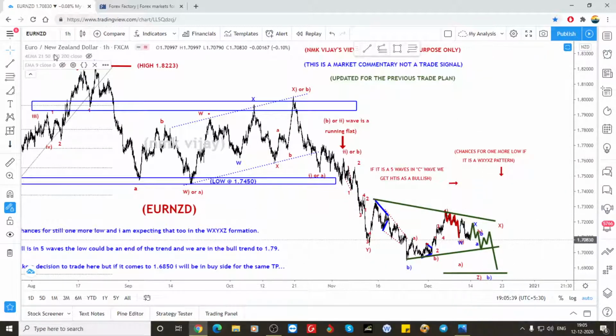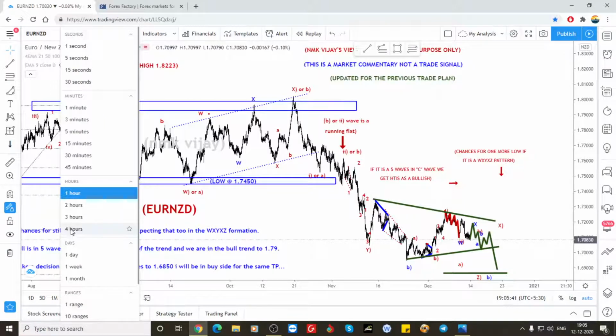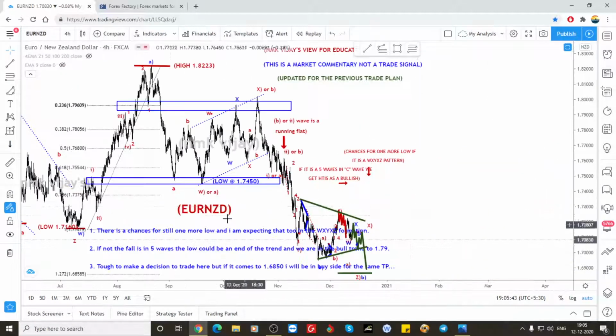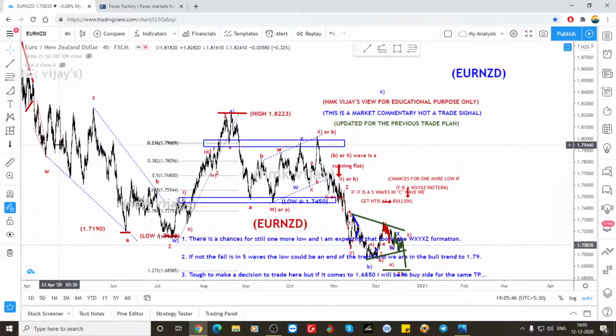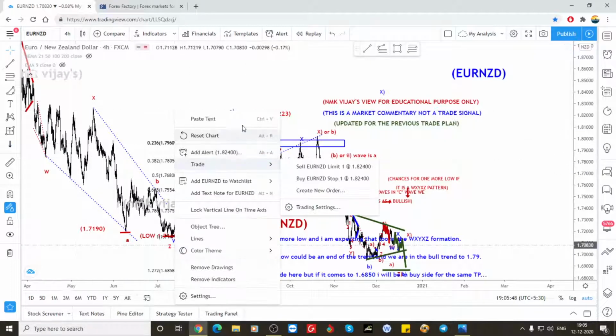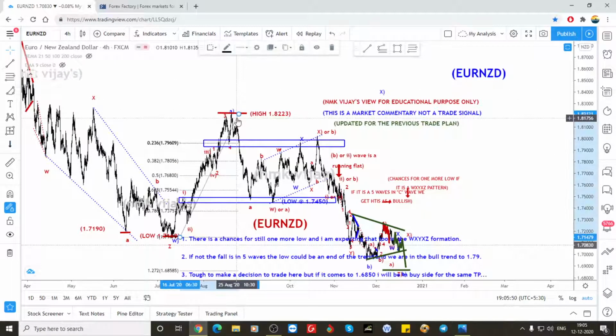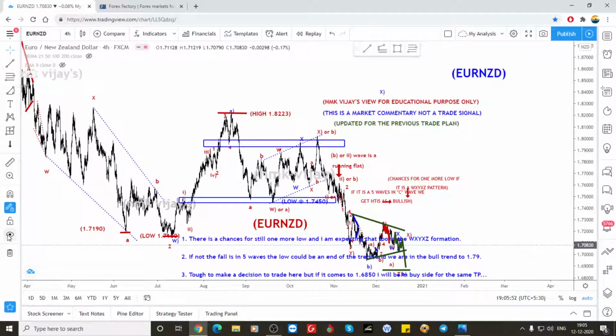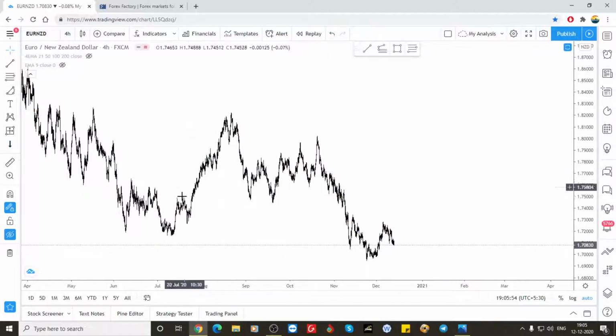So if it reached there, what will be the next? Why I took this as an impulsive, I explained here already. After this impulsive, at approximately 1.67, from here this wave has to happen.